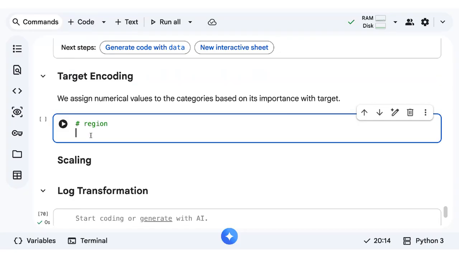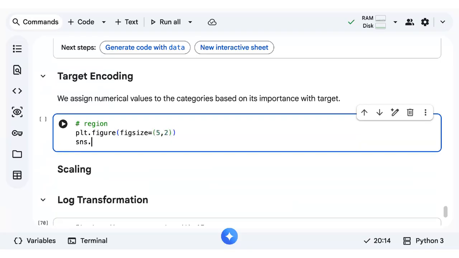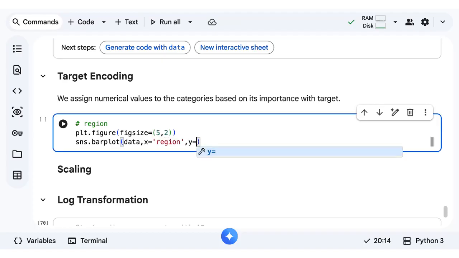Okay. So first thing, let's plot a graph in order to see the relationship with the target column. So plt dot figure with figsize equals 5 comma 2, and then I'll use sns dot barplot passing data comma x equals region comma y equals charges. I guess region with capital R, not sure.